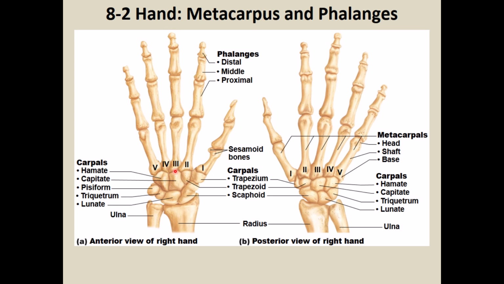You can see there are 8 carpal bones here, but 7 carpal bones on the posterior view. Then this area is called metacarpals, and these are the phalanges. So metacarpals and phalanges. So there are 3 different parts in the wrist and the hands. Okay, so carpals, which are these bones, 8 of them, and metacarpals, which are 5 of them, and phalanges that are 14 of them, not 15, 14.